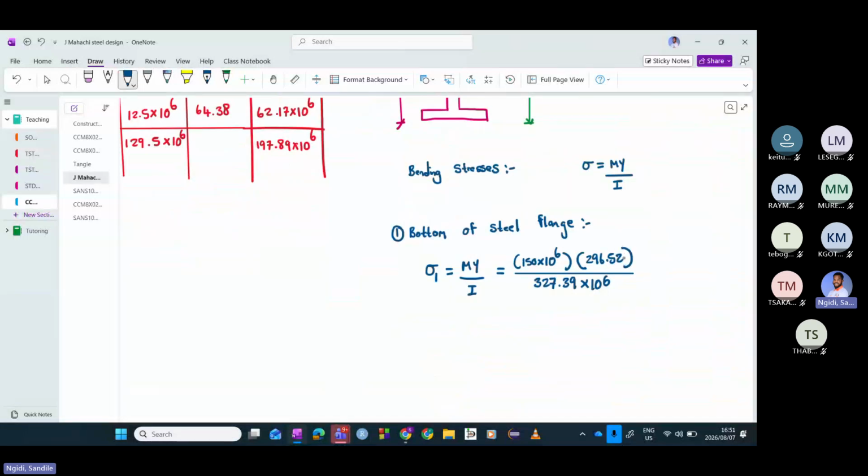Remember, how did we define this y? This y is the distance from the neutral axis to the position where we are looking for this bending stress. So from the neutral axis to that position, the value is 296.52. So then we can do this calculation. Can we all calculate this value and let's see what we get?